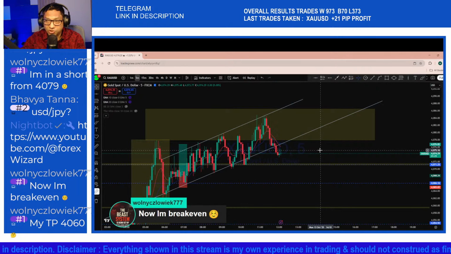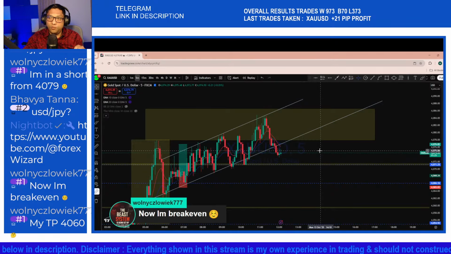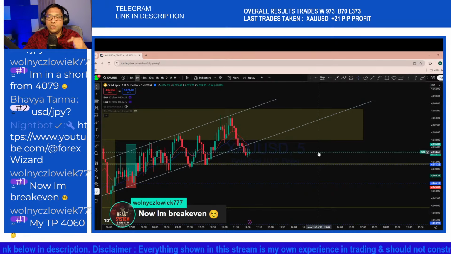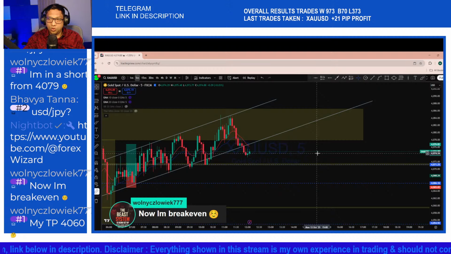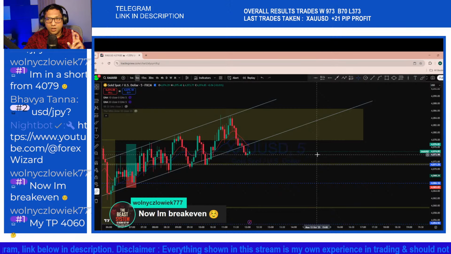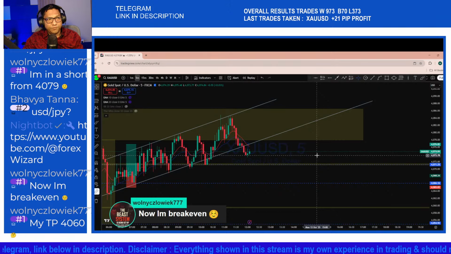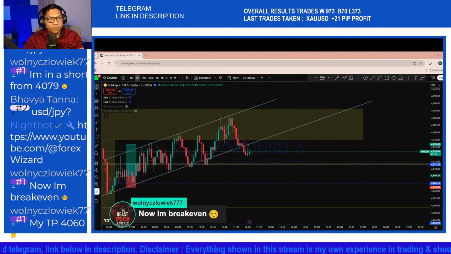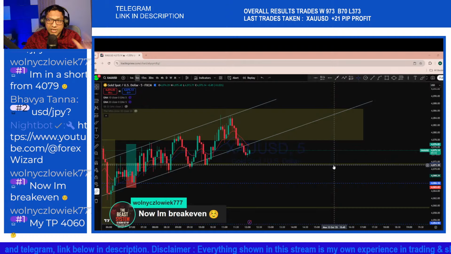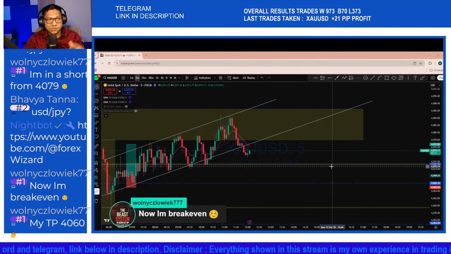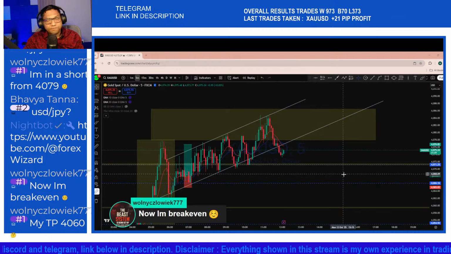Wait for a break of structure, and once you see the market has broken from the structure, you are set to go, because break of structure is the primary indication of smart money volume in the market.